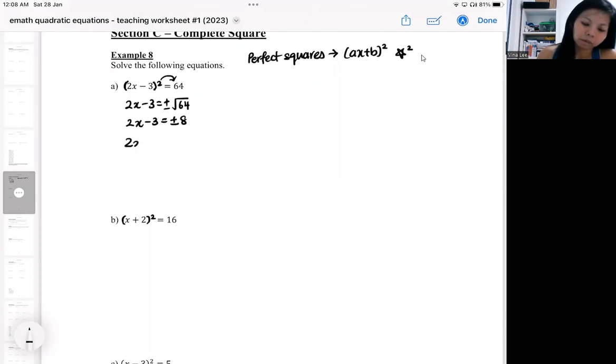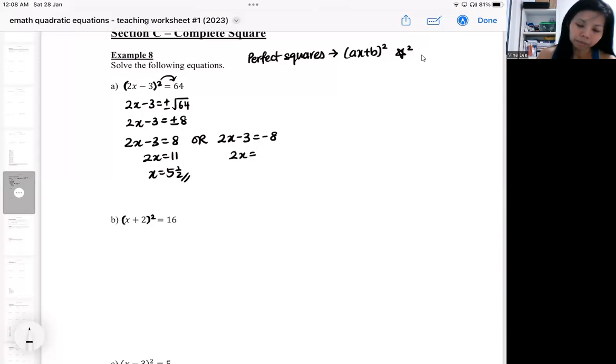That means 2x minus 3 can be a positive 8, or 2x minus 3 can be a negative 8. Then you solve as per normal. So I solve it without doing the full expansion.